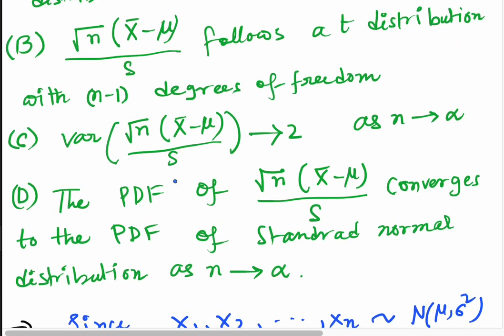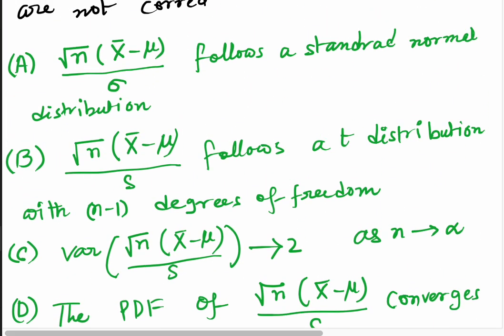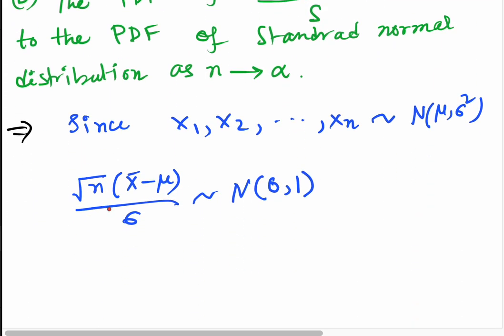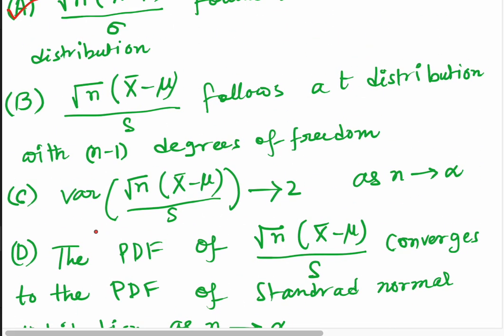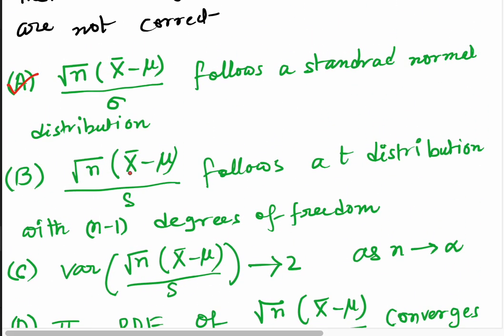So the first is true. Now let's see the second. The second is also true, that root n times x bar minus mu by s follows a t distribution.